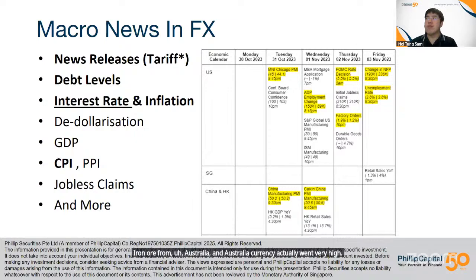Against the Sing dollar, one Aussie dollar was 1.1 something Sing. Now one Sing is worth more than one Aussie dollar. So across time, due to demand and supply of commodities, currencies can fluctuate quite a bit.